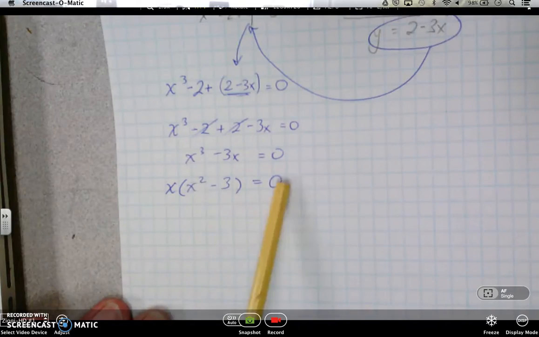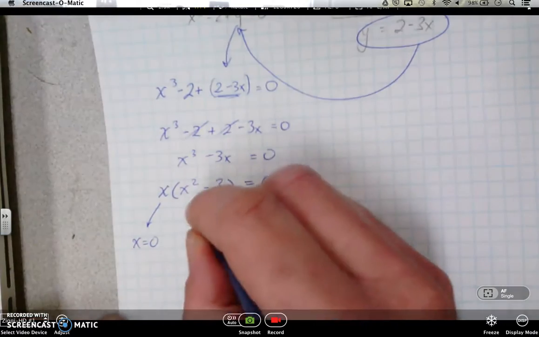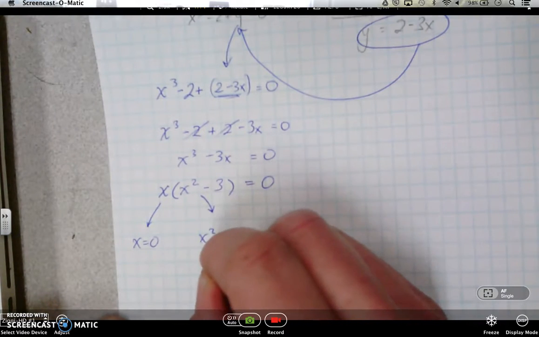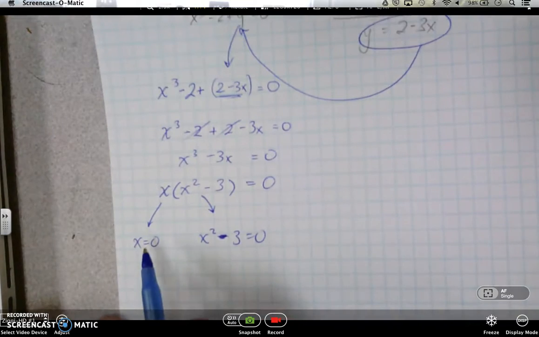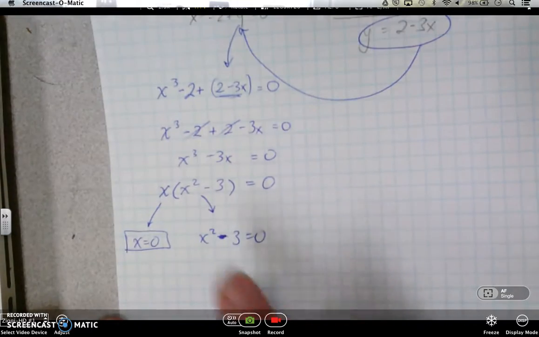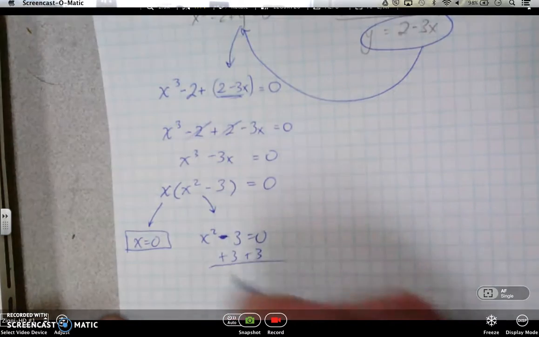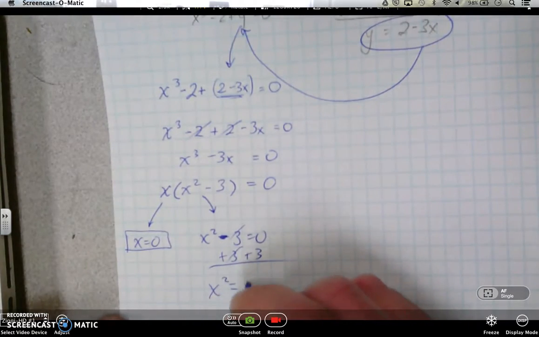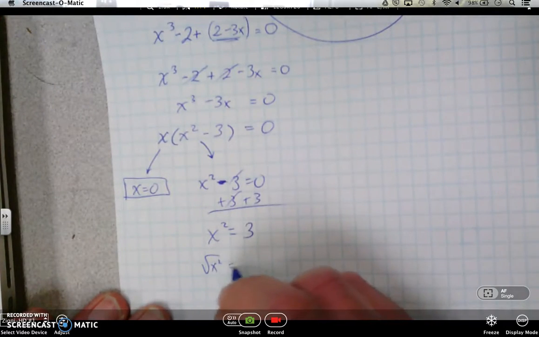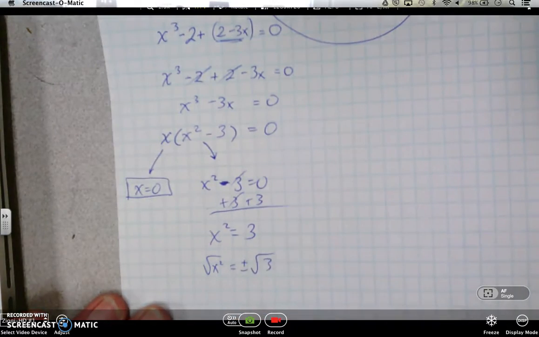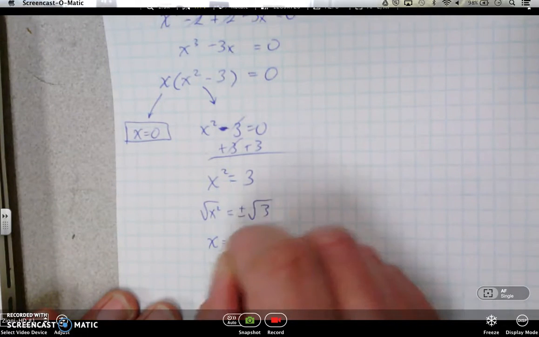The only way two things multiply to make 0 is either x is 0, which makes the whole thing 0, or what's inside here is 0. Oops, x squared minus 3 equals 0. Well, x equals 0, that's solved. x squared minus 3 equals 0, well, if we add 3 to both sides, we get x squared equals 3. If we square root both sides, we get plus or minus square root of 3, or just x equals plus or minus square root of 3, and we'll leave it like that.